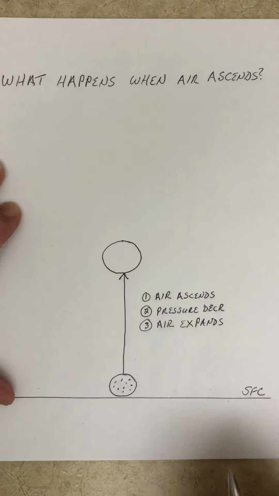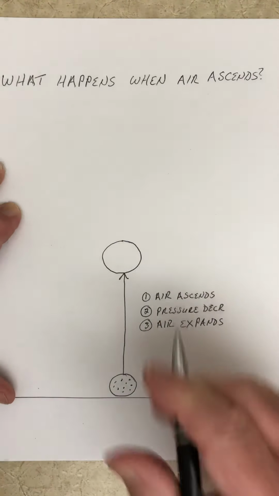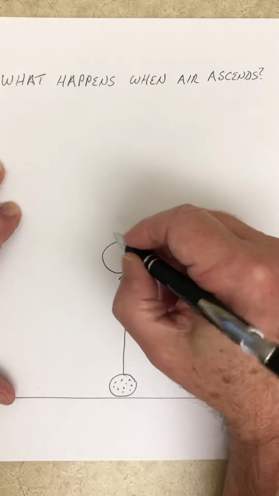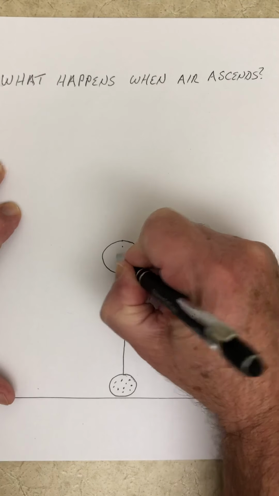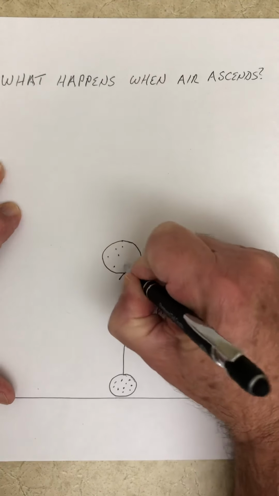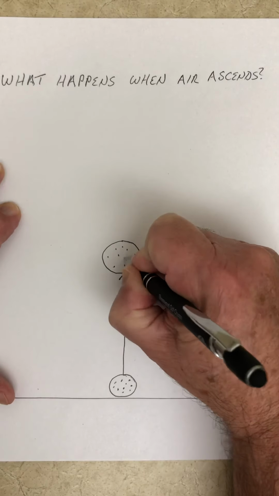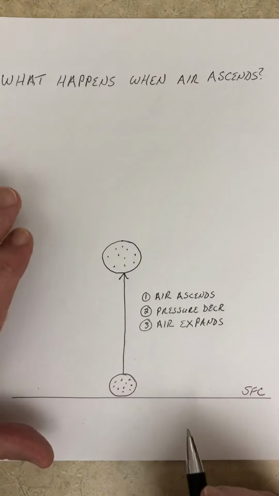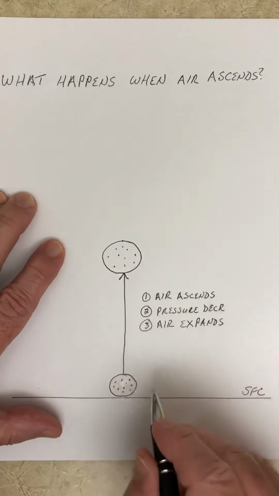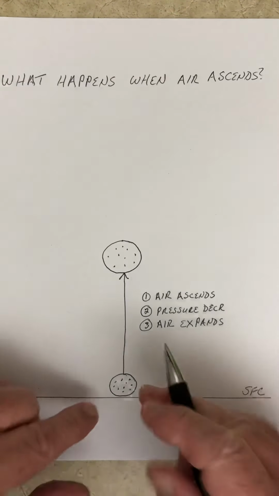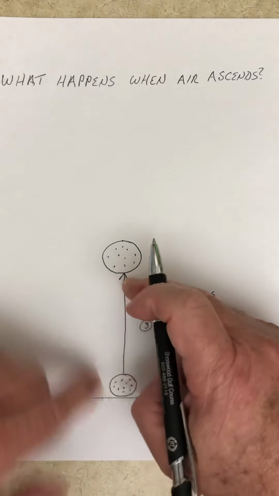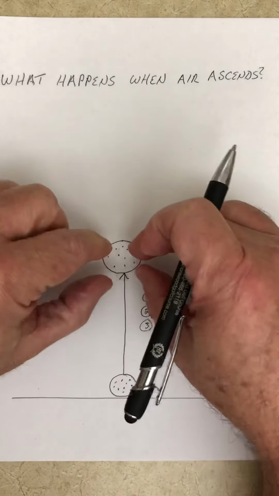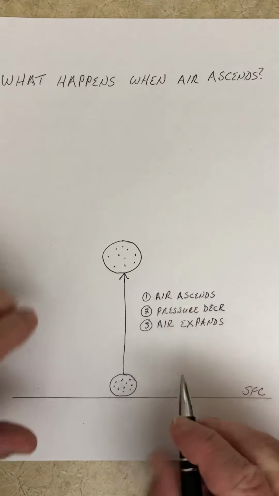Now remember we still have 10, or hypothetical 10 molecules of air in here. So 1, 4, 5, 6, 7, 8, 9, 10. So notice the spacing of the air molecules. So when our air parcel holding 10 molecules goes up into the atmosphere, the air ascends, the pressure decreases, the air expands.